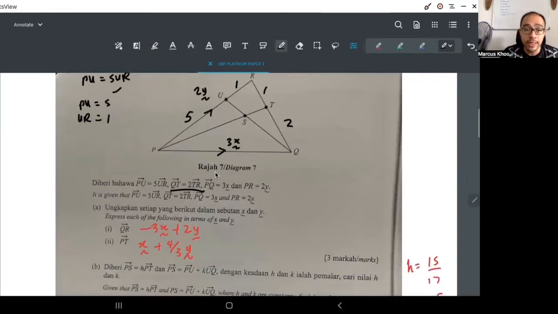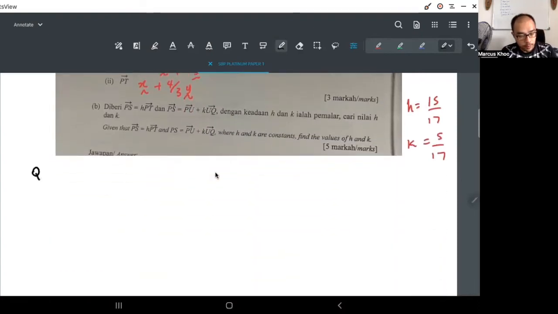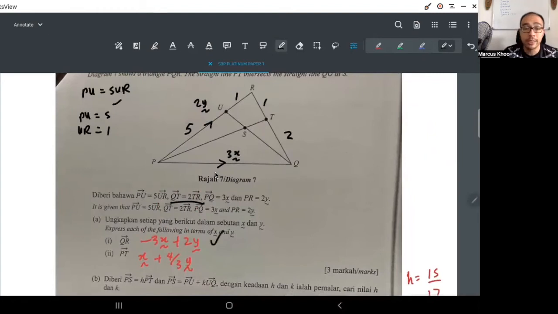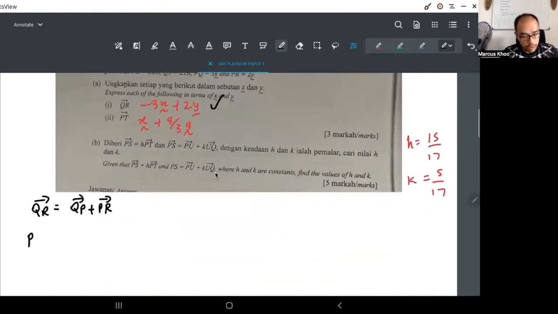Okay, so the first thing is QR lah. So QR would be QP plus PR. Okay, and this is pretty straightforward lah. So you will get negative 3x plus 2y. Okay, PT is not the problem. P to T, this one. So what we can do is PT equals PQ plus QT.